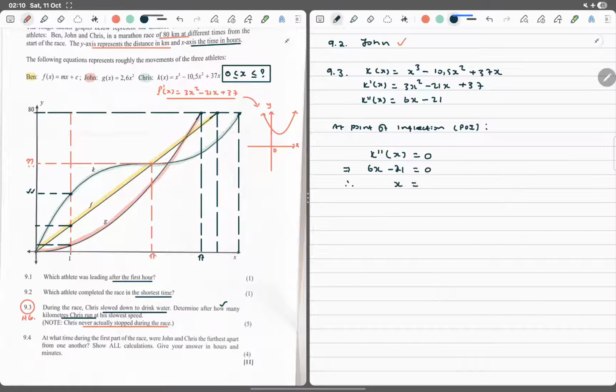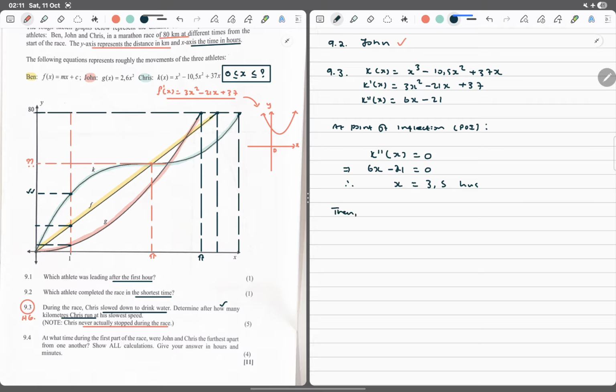Therefore, x is going to be 21 divided by 6. This gives us 7 over 2, which is 3,5 hours. Is it minutes? It's hours, yes. So that's hours.